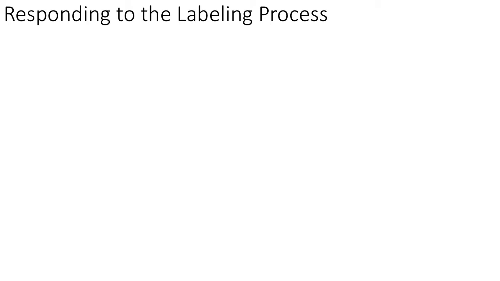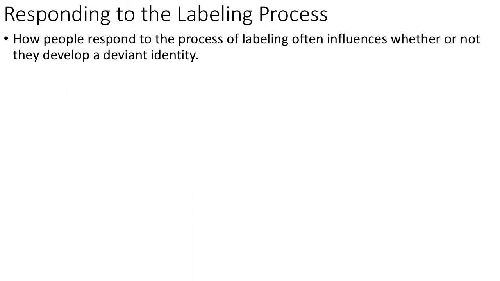People in danger of being stigmatized, people in danger of being labeled negatively, and trying to manage their identity in such a way as to deflect that label from them. So that's what we're talking about, right? How people respond to the labeling process. How people respond often influences whether or not they will develop a deviant identity.